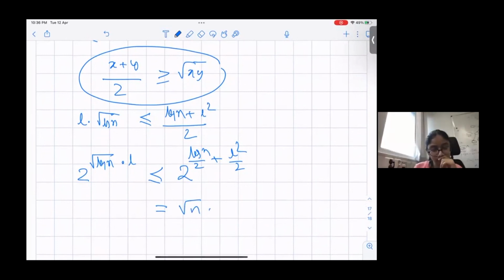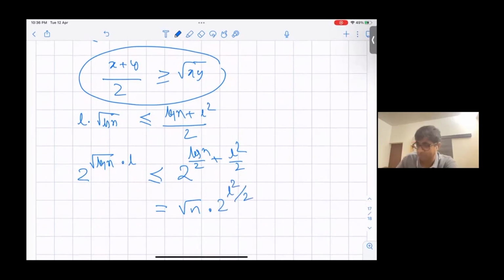Times 2 to the power L square by 2, which is FPT.